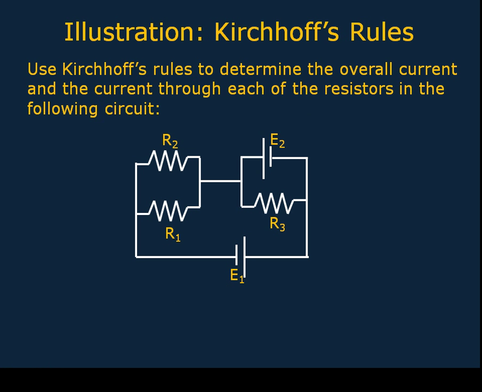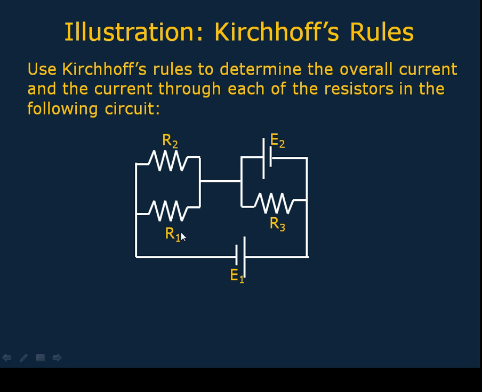The first step in solving this problem is to define clearly what the various quantities are that we are seeking. So we are seeking the currents through these three resistors. So I1, I2, and I3 respectively through the three resistors R1, R2, and R3, and that's all we are seeking.